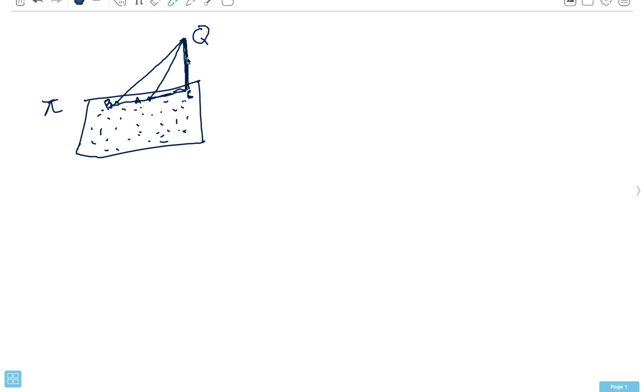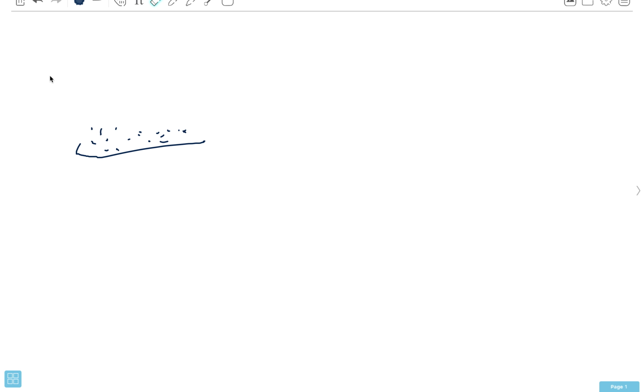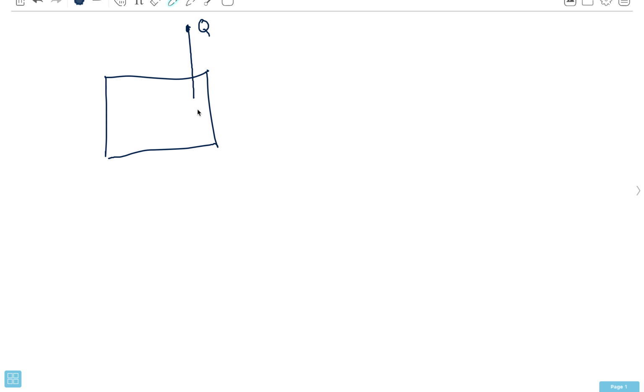So the shortest distance will be this distance, this point here, which we'll denote by C. So if I just redraw this, we have the point Q, then we have our point C. So this is the shortest distance, and I'm now drawing my normal vector.